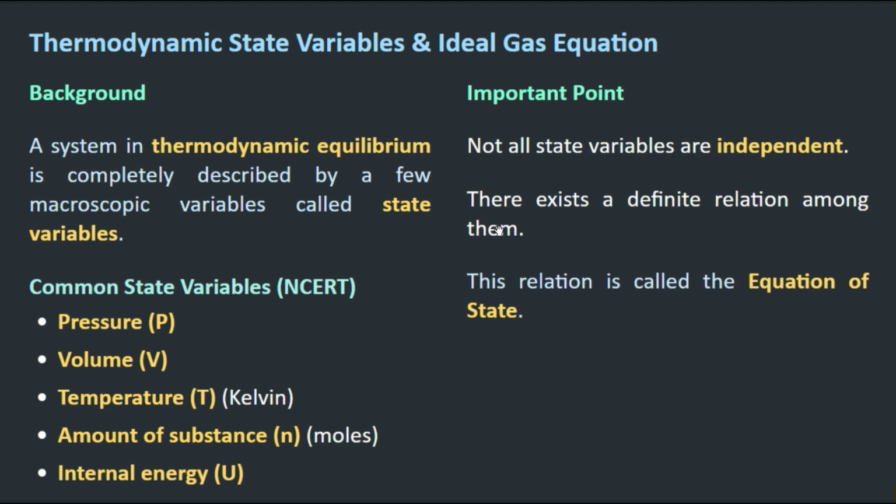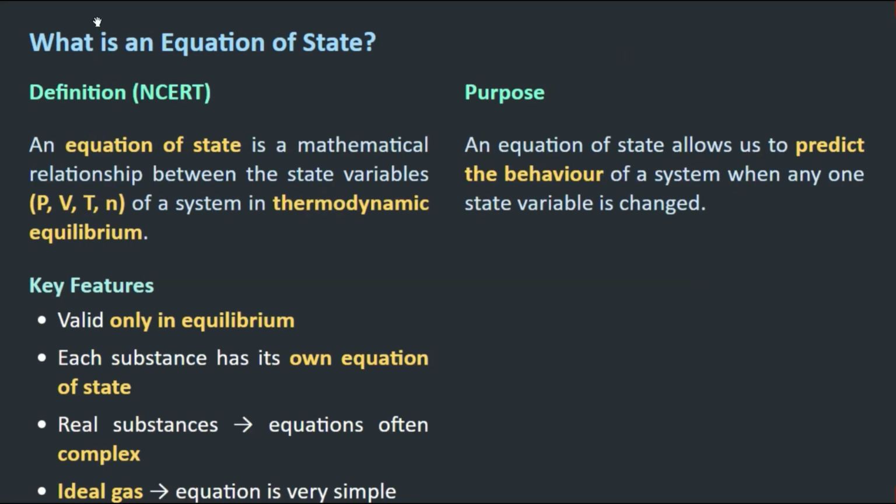They have a certain relationship, and that is given by your equation of state. Equation of state is a mathematical relationship between the state variables P, V, T, and N of a system in thermodynamic equilibrium. That condition is important, so it's valid only in equilibrium. Each substance has its own equation. Real substances have complex equations, while ideal gas has a very simple equation.